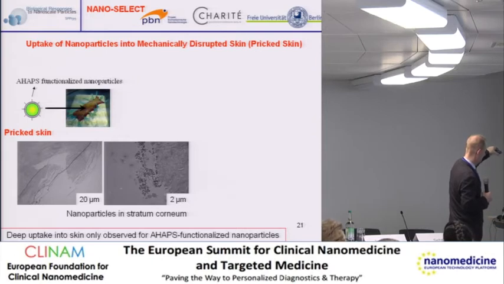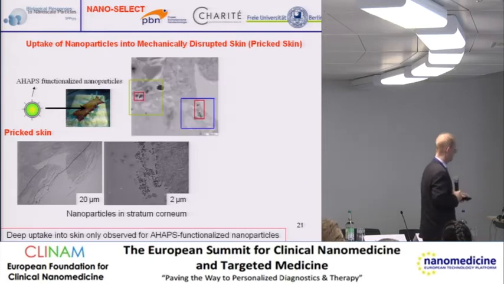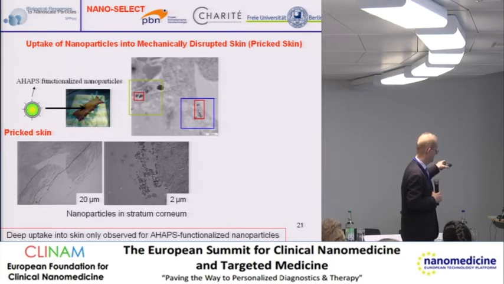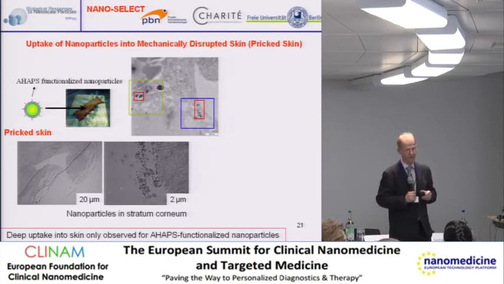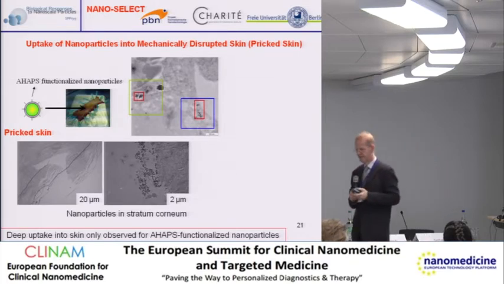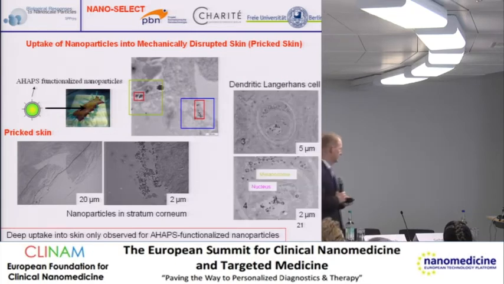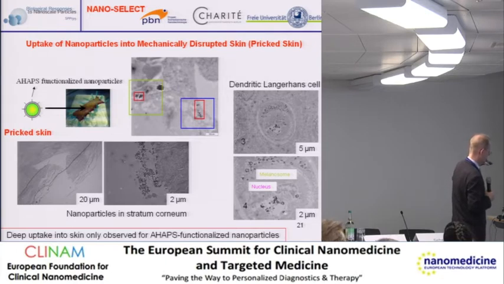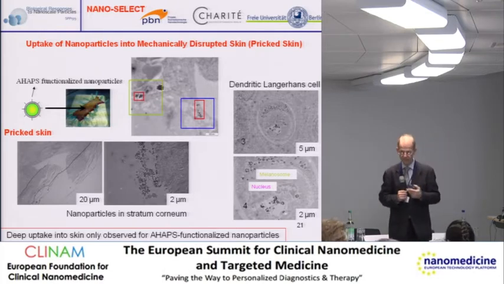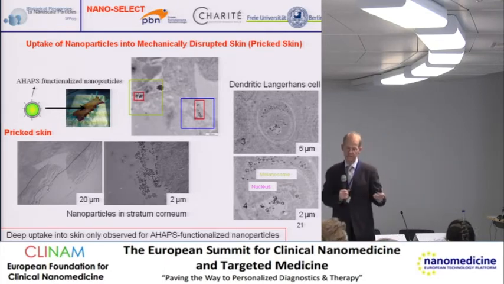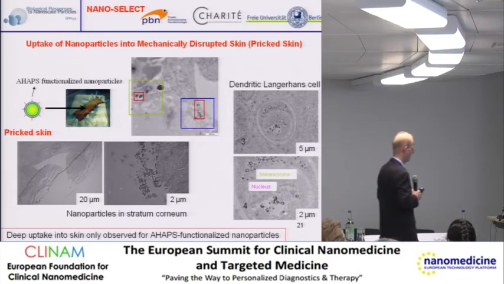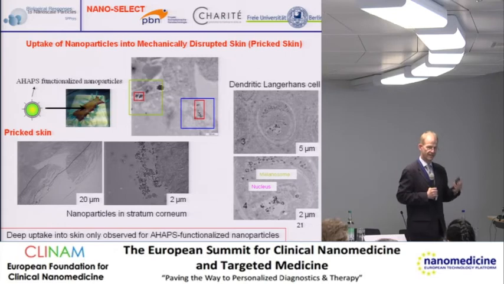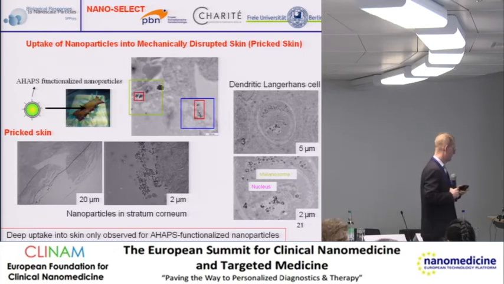Outside sit the majority of particles, but if one looks carefully, there's also another mechanical damage. Here, several tens of microns further inside, one finds particles that are taken up, and if one looks in close-up, they're here, in these dendritic Langerhans cells, there's uptake of these particles, so that once mechanically the barrier function is lost, there seems to be uptake into deeper skin layers, near the stratum basale where these particles were found.